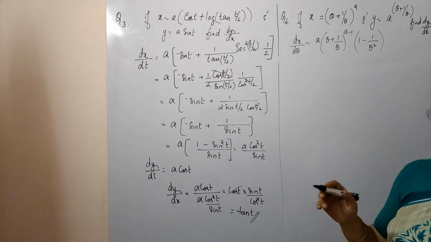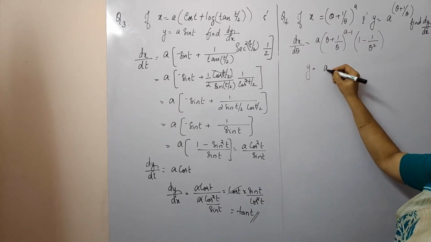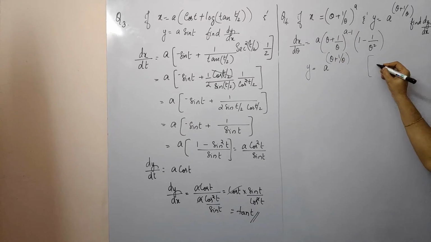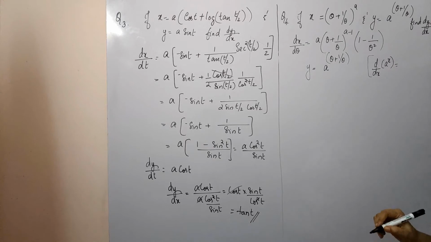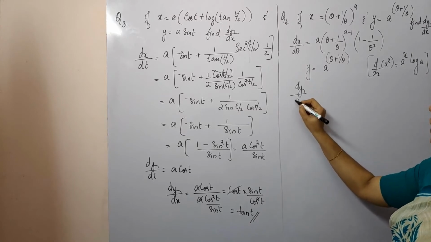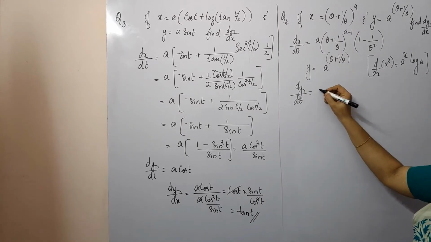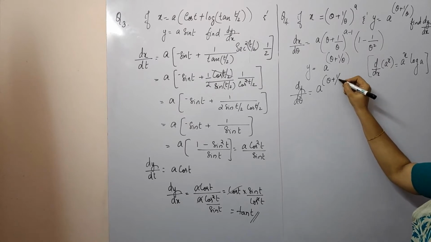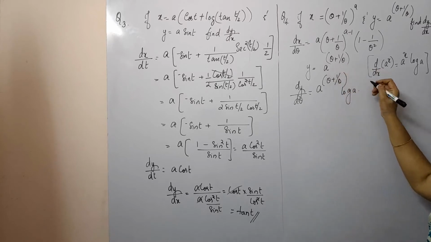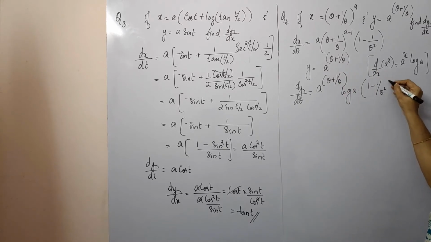Now I have y is equal to a raised to theta plus 1 by theta. Before I proceed, let me ask, what is d by dx of a raised to the power of x? We know that the derivative of a raised to the power of x is a raised to the power of x log a. Now here dy by d theta is equal to a raised to the power of theta plus 1 by theta into log a, into the derivative of theta plus 1 by theta, which is 1 minus 1 by theta square.